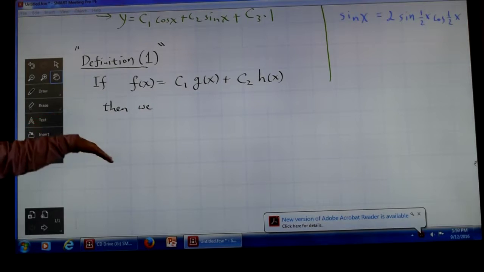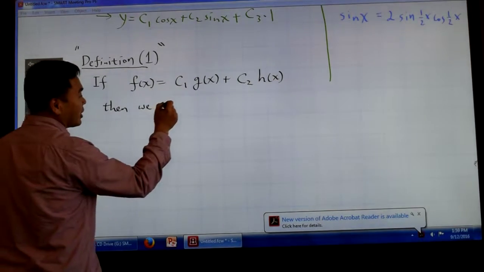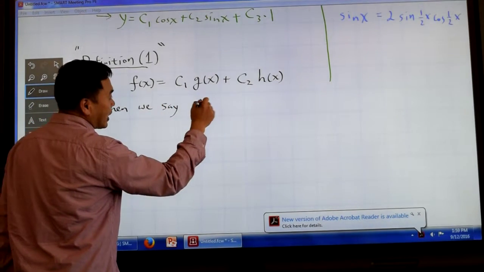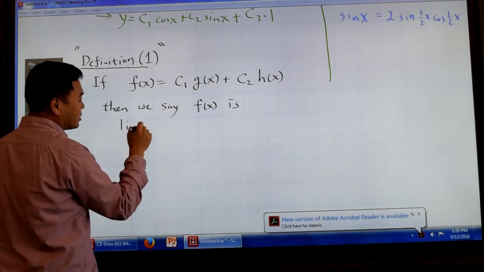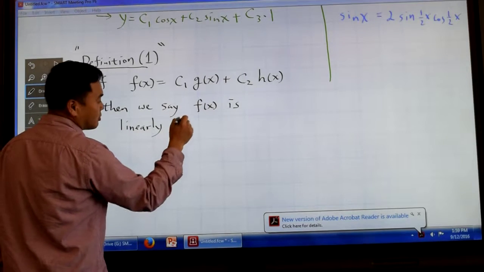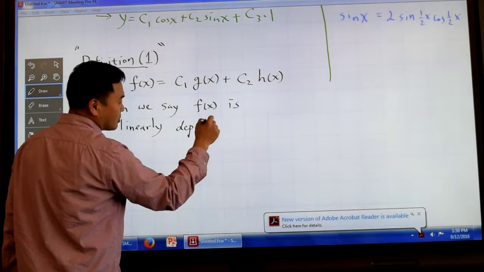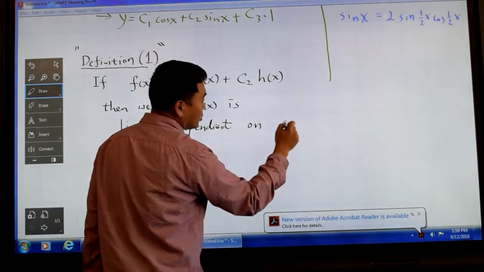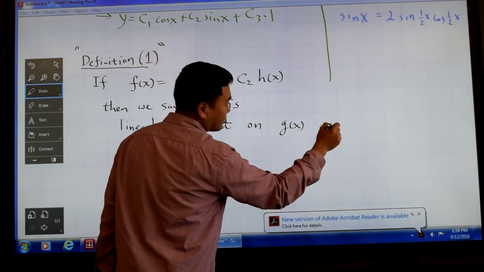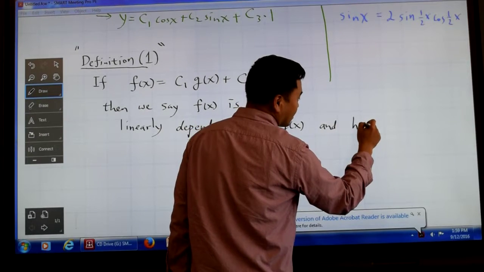Especially it will be helpful for the real definition. Okay? Then we say f of x is linearly dependent on g of x and h of x.